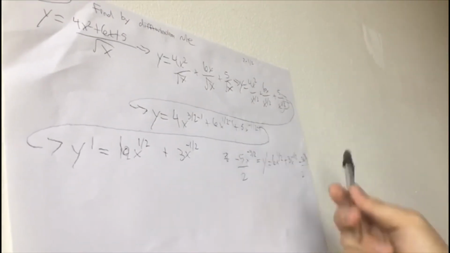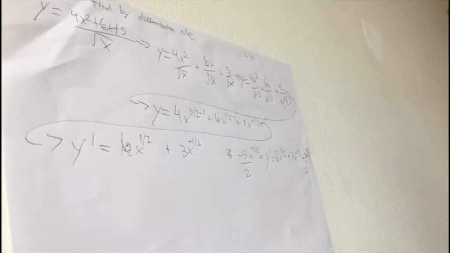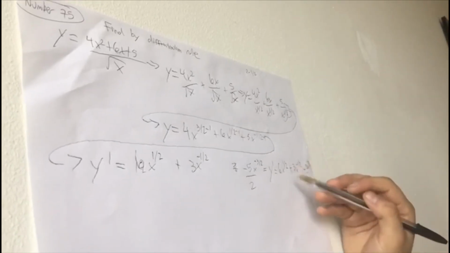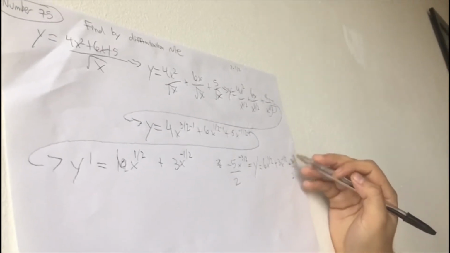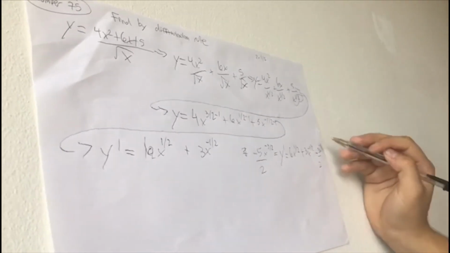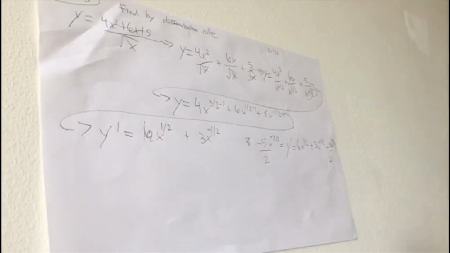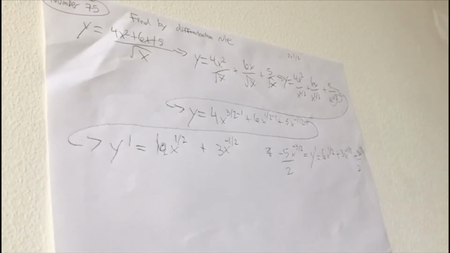After you differentiate and subtract 1 from all of the exponents, you get y prime equals 6x to the 1 over 2 plus 3x to the negative 1 over 2 minus 5 over 2 x to the negative 3 over 2. So then you see that you have negative exponents.